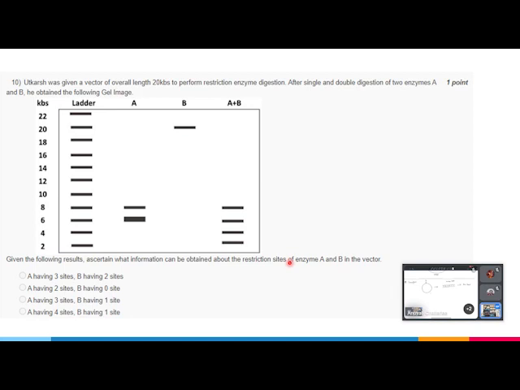If say we have two sites, this will mean two bands. This is because this will form one band from here to here, and this will form the other band from here to here. This is how you form two bands.